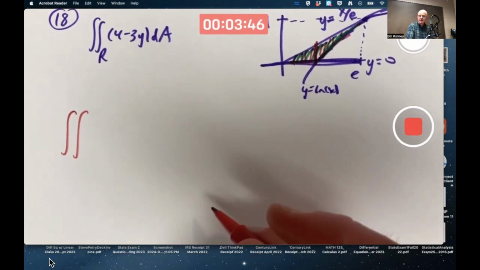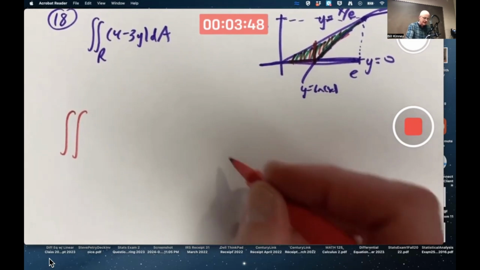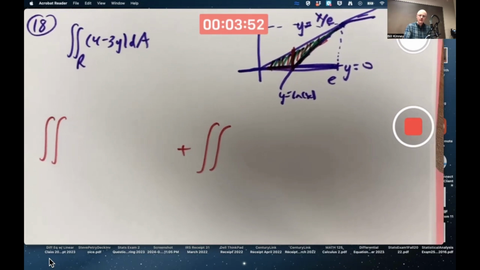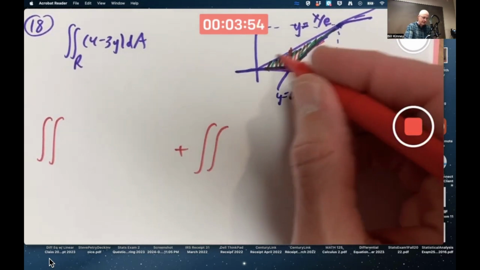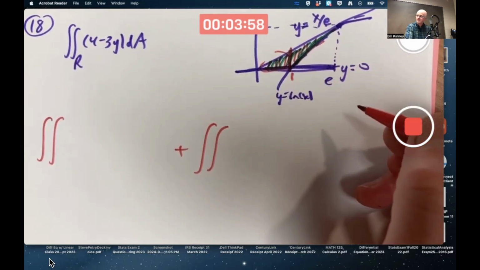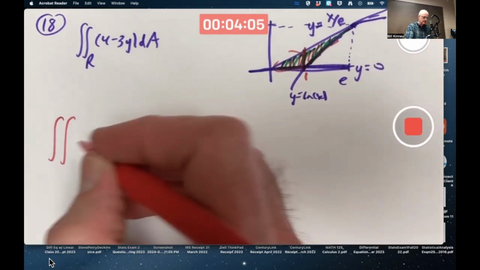So to set it up with regard to the order dy dx, let's do it as the sum of two integrals. For the first integral, it's over the leftmost piece. X goes from 0 to 1. We're doing dy dx. That's going to be the outer integral limits, 0 to 1.